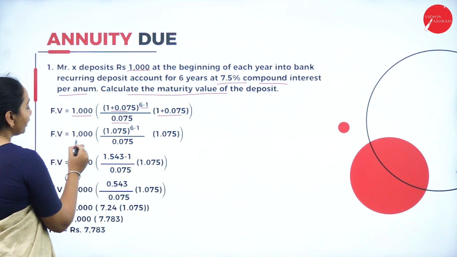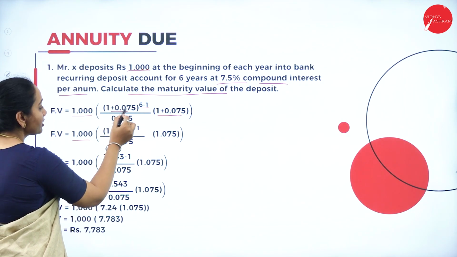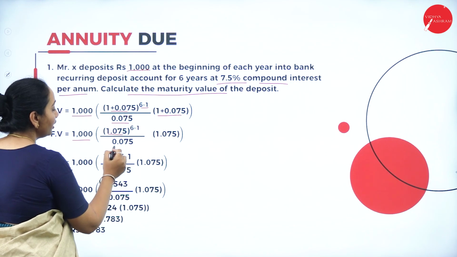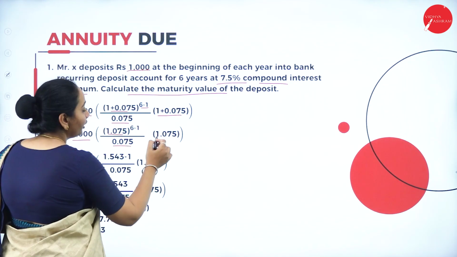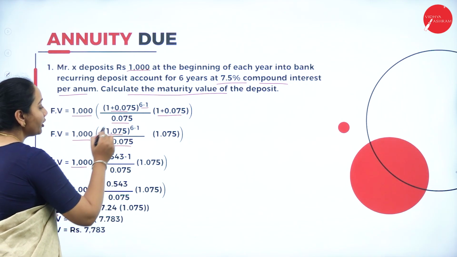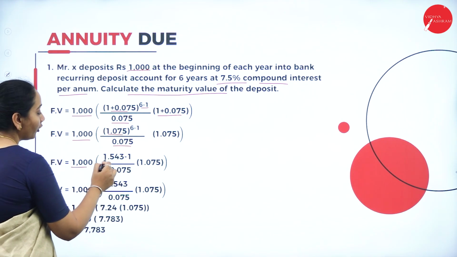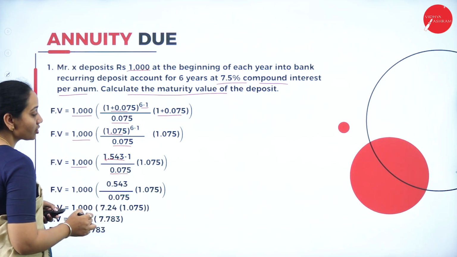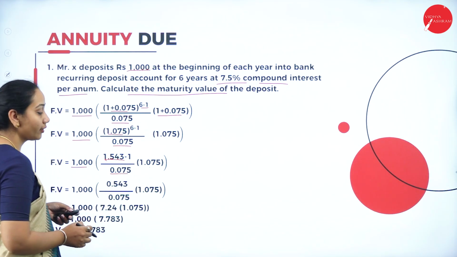So next is 1,000 into, 1 plus 0.075 will get 1.075 to the power of 6 minus 1, divided by 0.075 into 1.075.